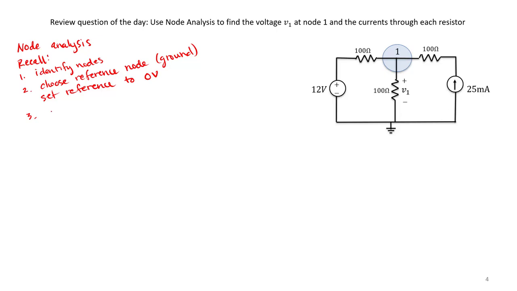Once we do that, we apply Kirchhoff's current law to each node other than the reference. And then we rewrite the Kirchhoff's current law equations in terms of our node voltages.